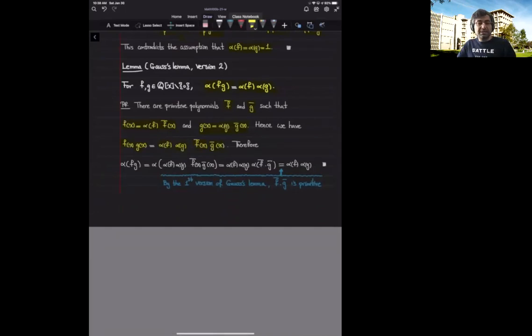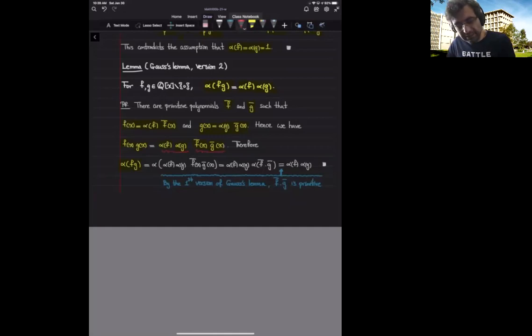Now I'm going to consider content of both sides. Then content of fg is, you see here I am multiplying this polynomial by this positive rational number. And we discussed that the content of a times h is the same as the absolute value of a times the content of h.